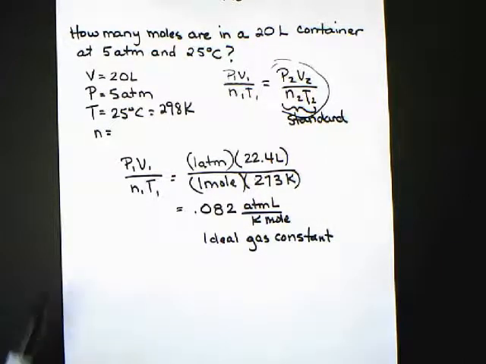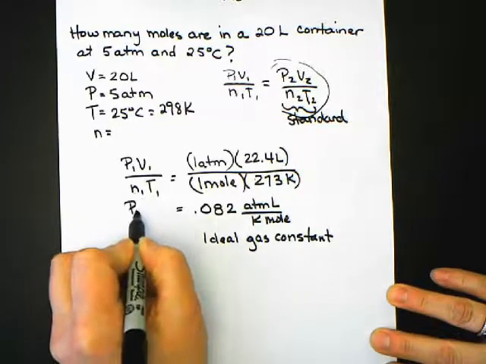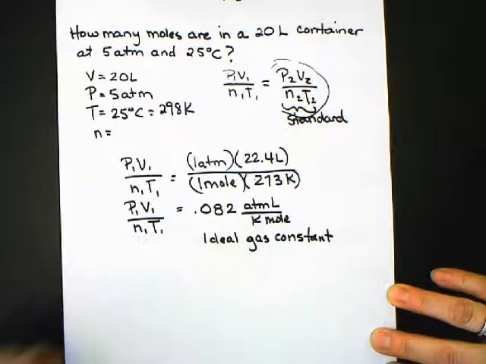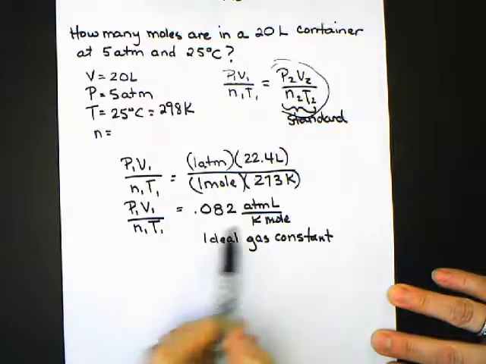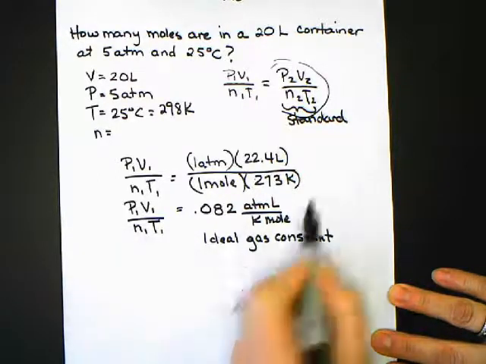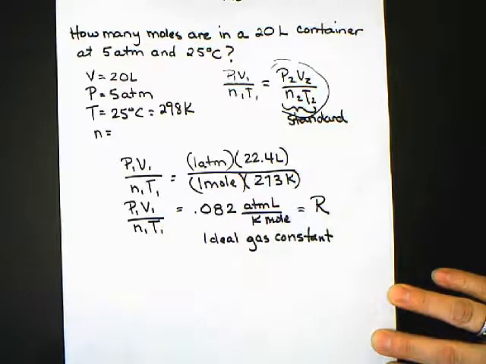So my left side hasn't changed yet. I still have P1, V1, N1, T1, but now I can set that up to equal standard conditions. They call this gas constant R. I don't know why. They're running out of letters, I guess. Anyway, R is what we refer to as the ideal gas constant.